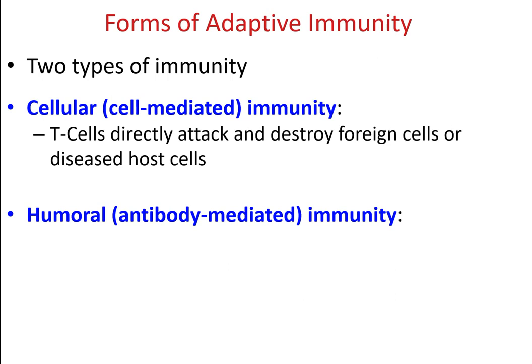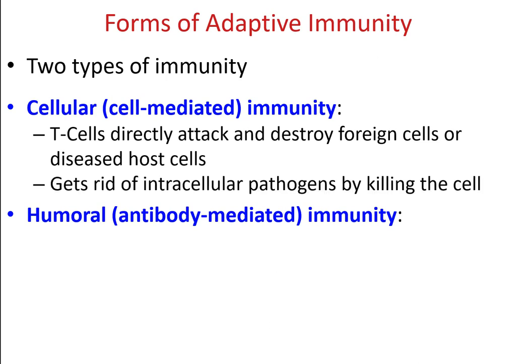So the cellular or cell-mediated, this is going to be where you are actually focusing on cells that need to be responded to. So we're talking about intracellular pathogens at this point, right? We're talking about pathogens that have gotten into cells.